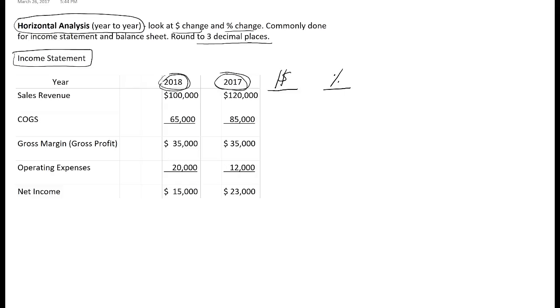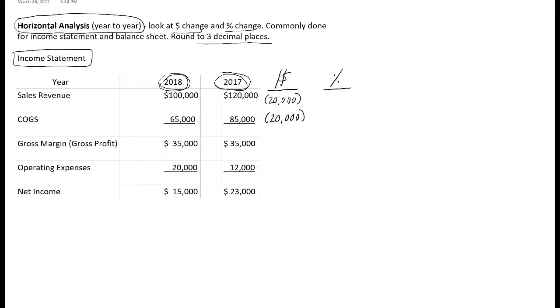So we look at our sales revenue, we go line by line, 100,000 minus 120,000, and so we have a dollar change of negative 20,000. So let's go through the dollar change first. Cost of goods sold, 65,000 minus 85,000. Once again, that's a dollar change of negative 20,000.